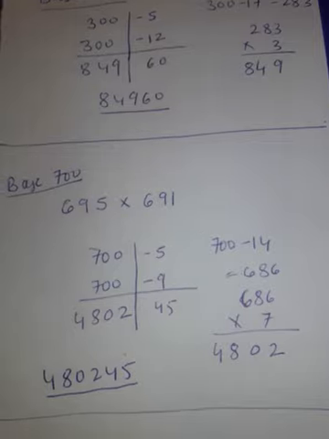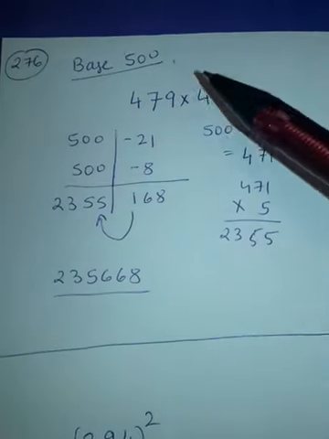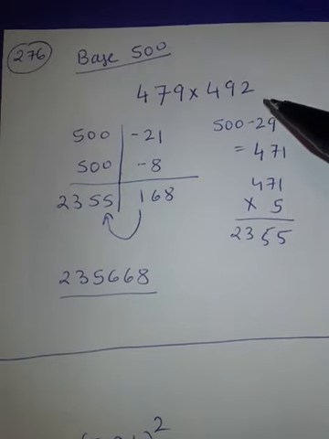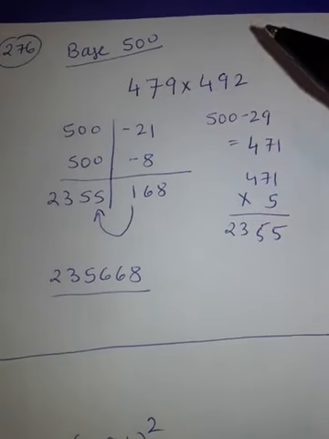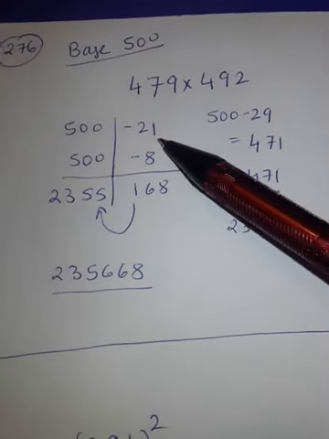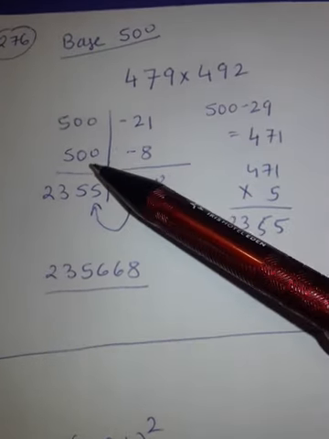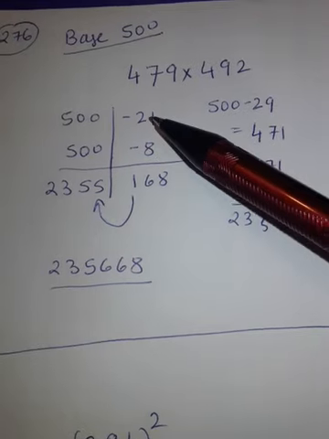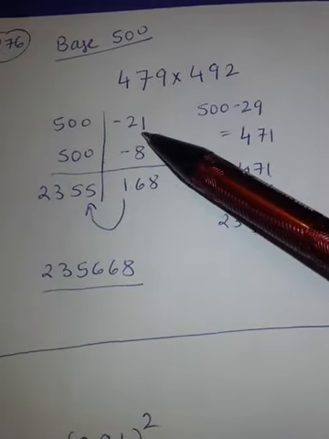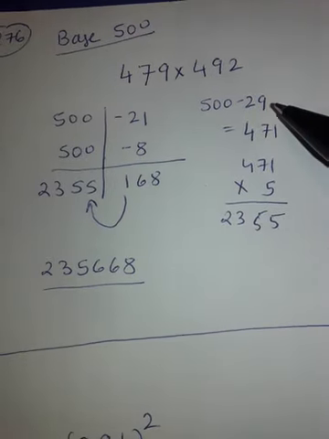So let's solve a few more examples. 479 multiplied by 492. What is the common base here? The common base is 500. 479 is 500 minus 21. 492 is 500 minus 8. 21 8s are 168. Minus 21 minus 8 is minus 29.